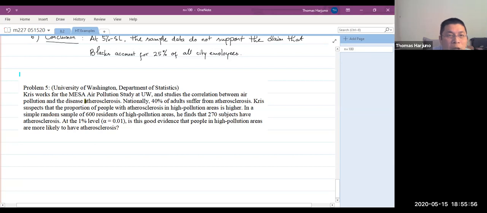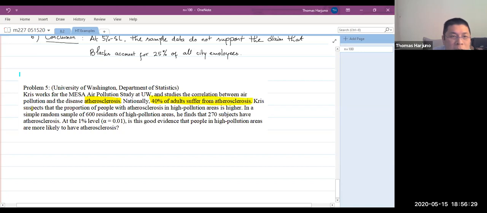Chris works for the Mesa Air Pollution Study at the University of Washington and studies the correlation between air pollution and the disease of atherosclerosis. Atherosclerosis is something to do with your arteries, I believe. You can Google it. Now, nationally, 40% of adults suffer from this disease.